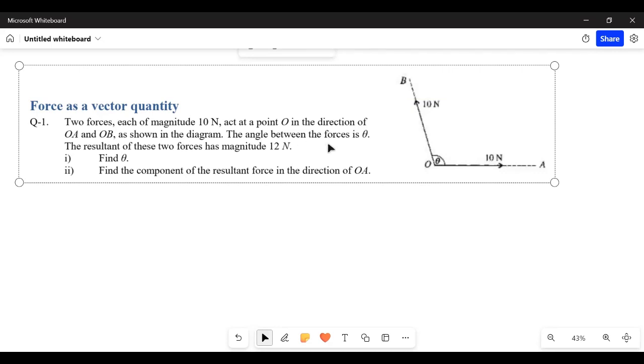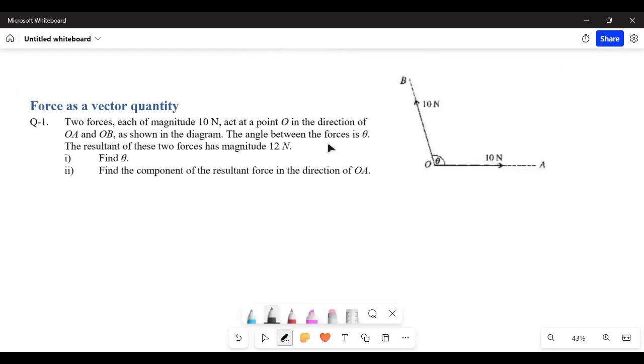The angle between the forces is theta. The resultant of these two forces has a magnitude of 12 newtons. Okay, so we know the magnitude of R. It's 12 newtons, just the magnitude. So using that, we have to find theta and find the component of the resultant force in the direction of OA.